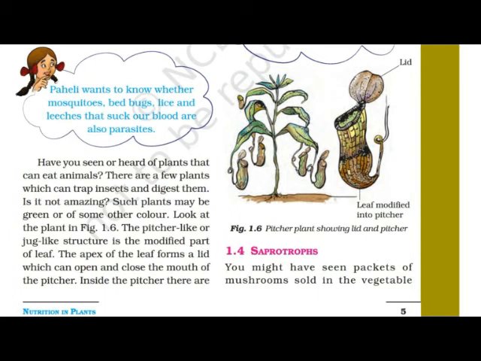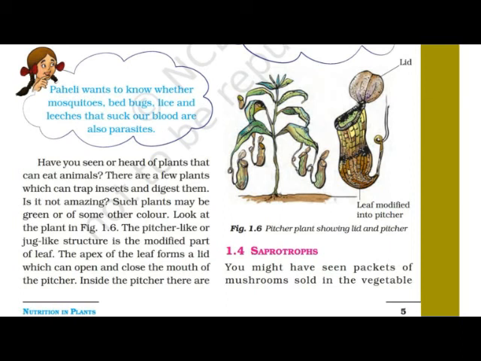Also about the synthesis of plant food other than carbohydrates, that is carbohydrates, proteins and fats, and how plants can get nitrogen in two ways: with the help of bacteria present in the soil, and second, the addition of fertilizers by the farmers in the field.